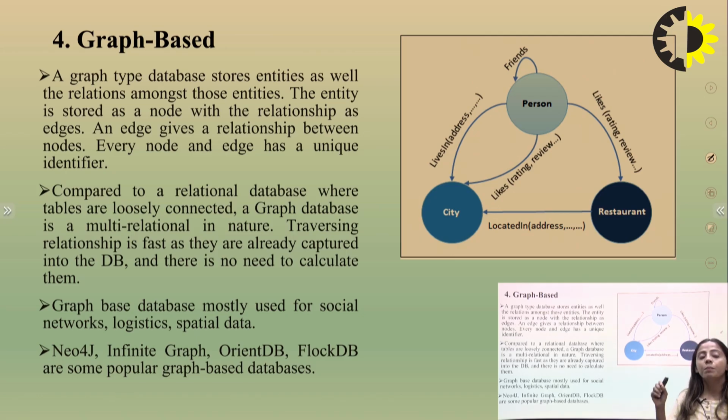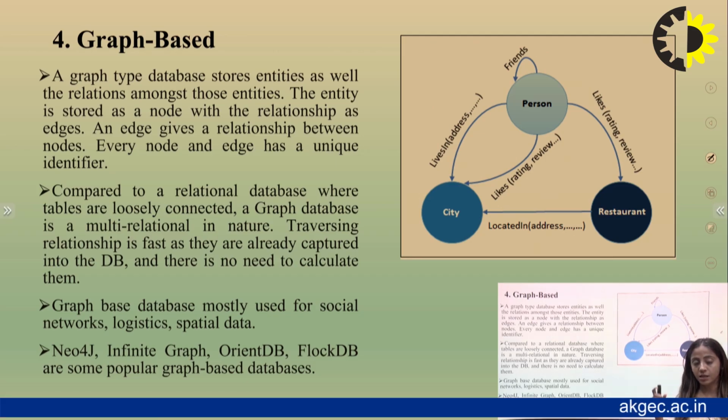Now, a person has friends. A person is related to itself through his friends. Similarly, a person lives in a particular city. This edge is explaining the relationship between the person and the city because he is residing in that city. Now, a person likes, rates, or reviews the city where he lives.